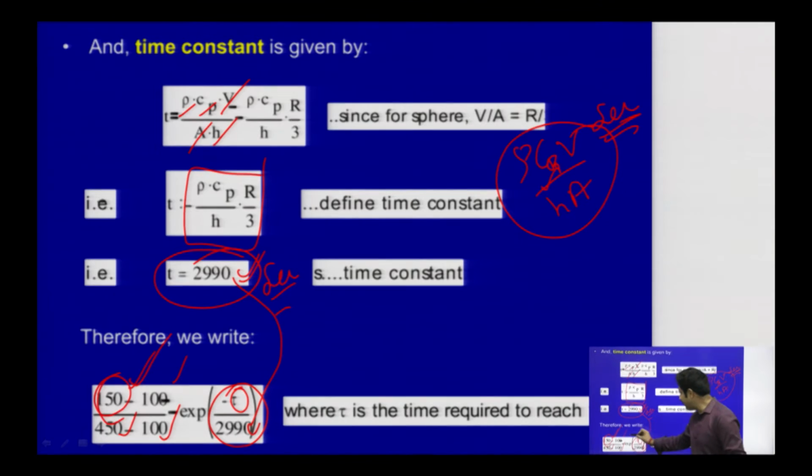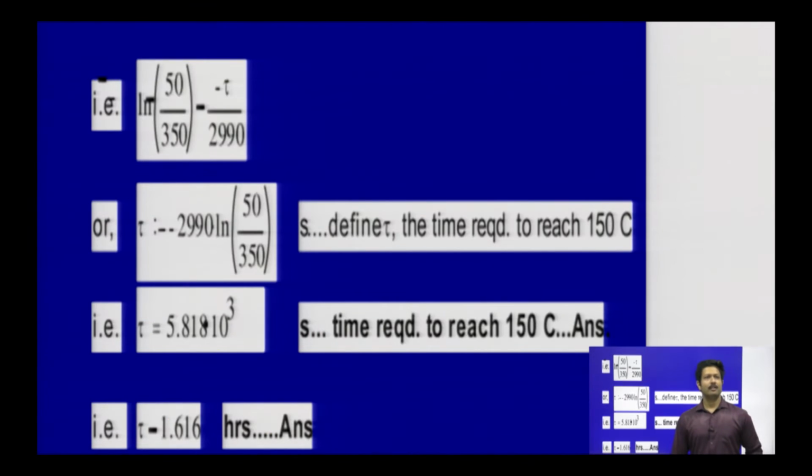The ambient temperature is 100 degrees Celsius. The initial temperature of the body was 450 degrees Celsius, and again the ambient temperature is 100 degrees Celsius, and you have already calculated the thermal time constant with this formula. So you need to calculate the time. This is the mathematical part, and this gives the time to reach 150 degrees Celsius.